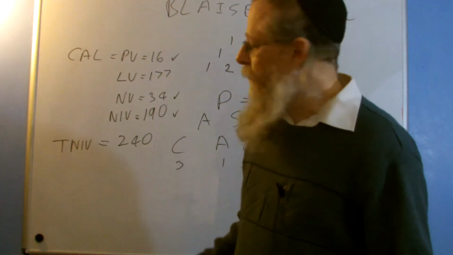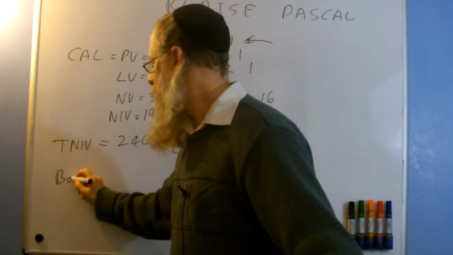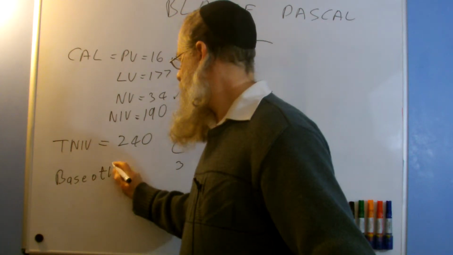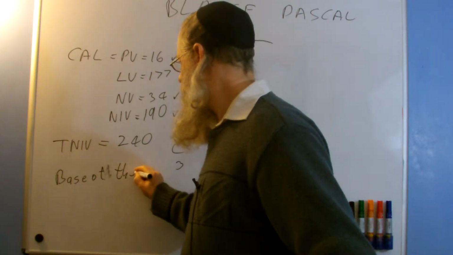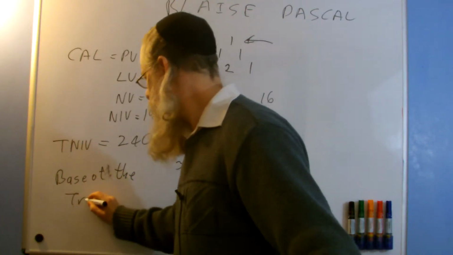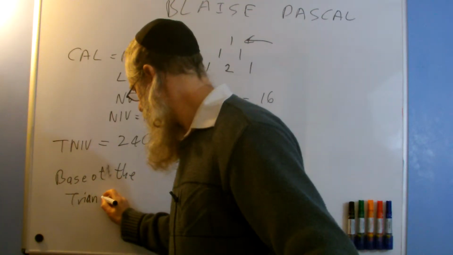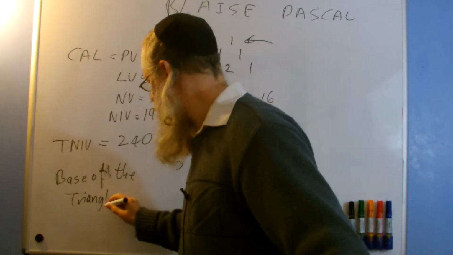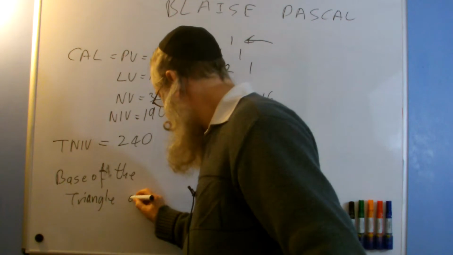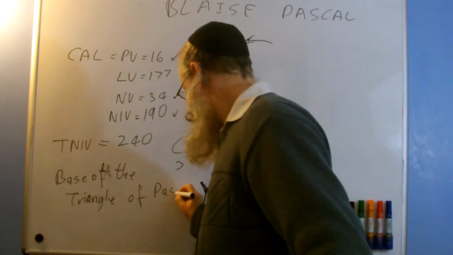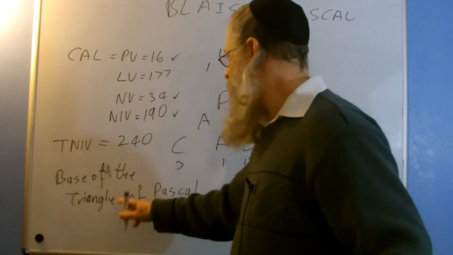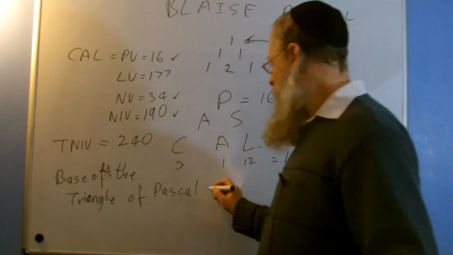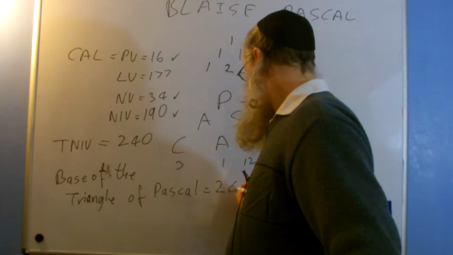If I write out base of the triangle of Pascal, which is that one, Cal, equals, in placement value, 240.